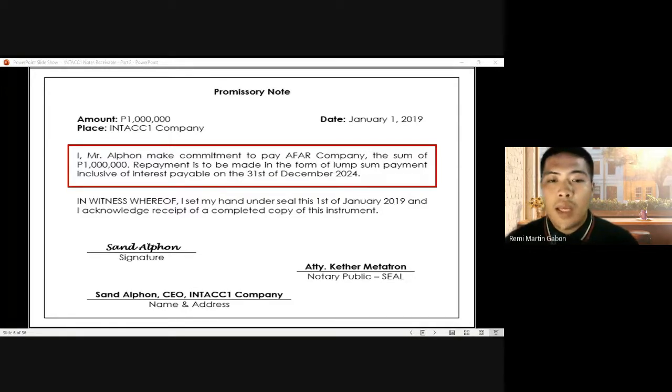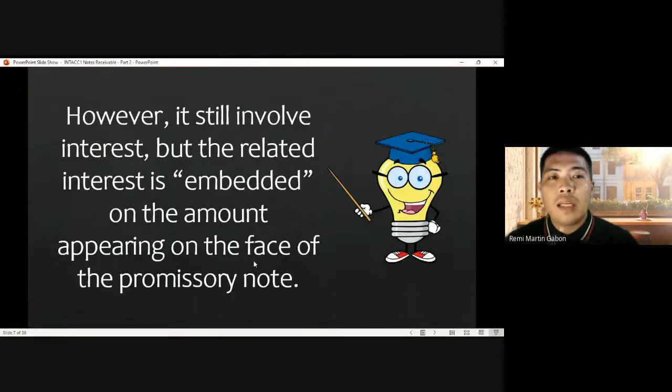That's the reason why, yung sabi dito, the interest is already embedded on the amount appearing on the promissory note. So if you can recall what we have discussed yesterday about maturity value, we can say that for interest bearing, yung maturity value is principal plus interest. Now the question, how do we compute the maturity value for non-interest bearing? So we'll reserve that question.